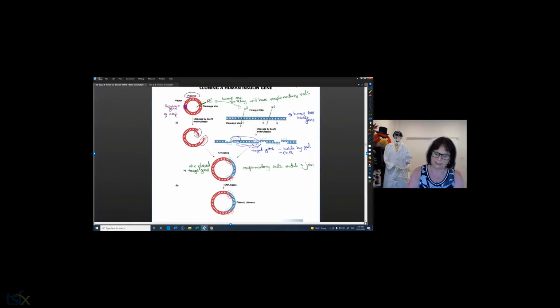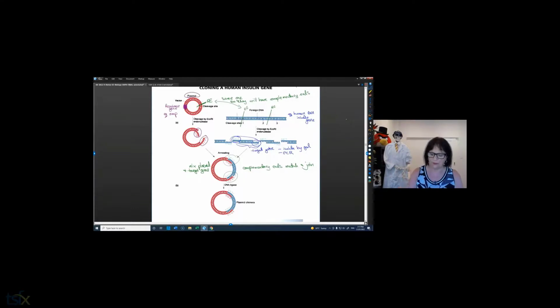And so you can see in these regions here, the matching of the nucleotides. So they will come together. But they won't stay together. So what we have to do is we have to make sure this joining is strong and held tight.